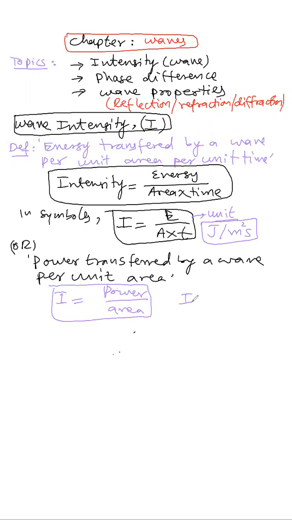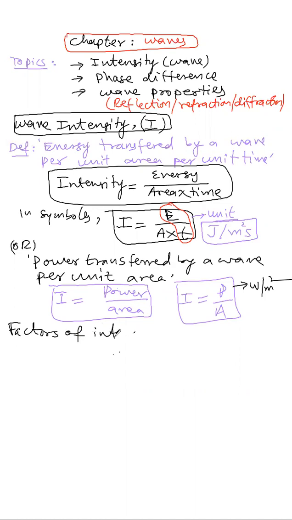Why is it like that? Because if you look at the upper expression, energy over time is actually power. So you can write intensity as power over area, and of course its unit would be watt per meter square.